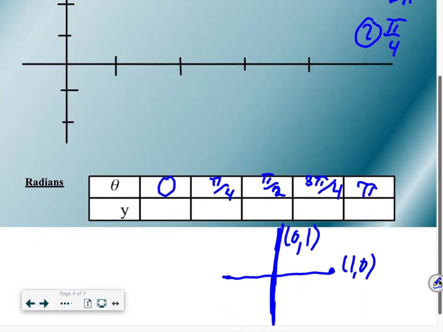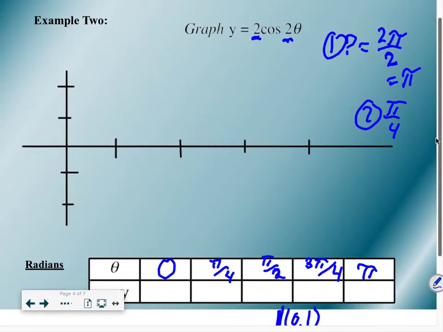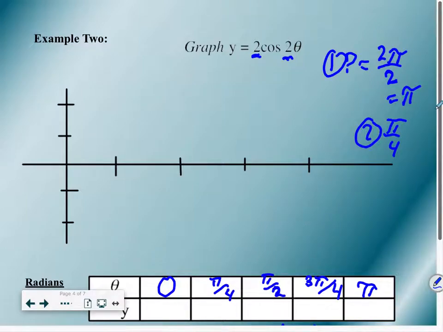So our cosine of 0 is 1, times the amplitude 2 is 2. So what's going down here is our 2. Whatever this angle is, cosine is always 1 there, and then whatever that is times whatever the amplitude is.